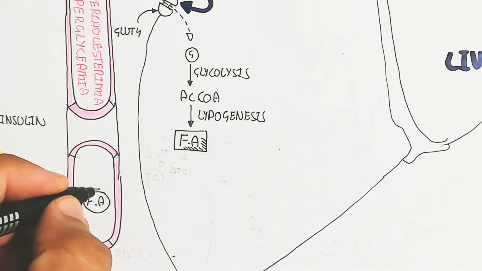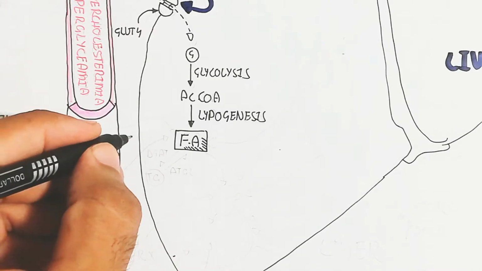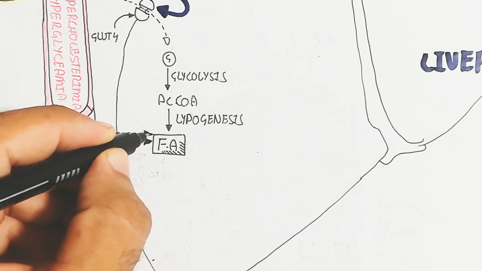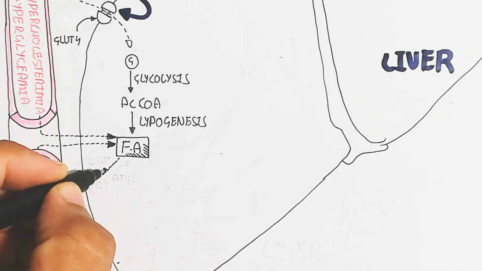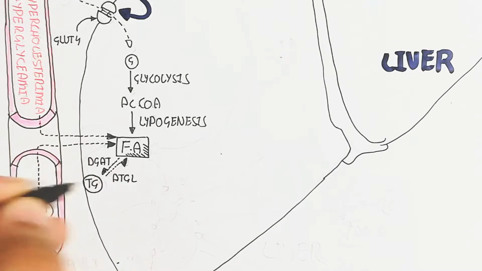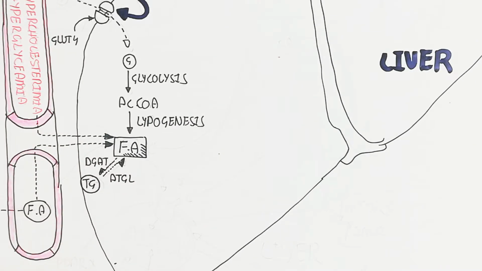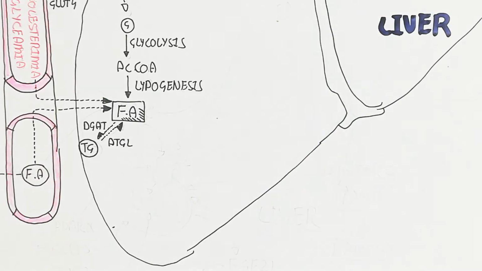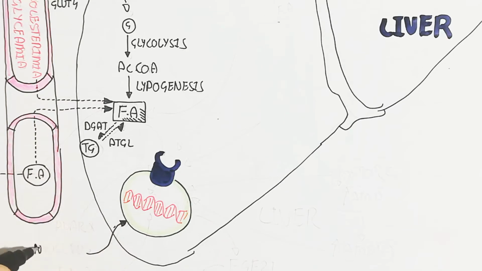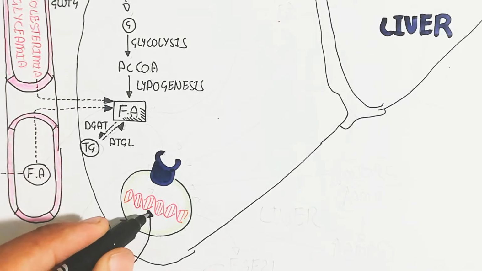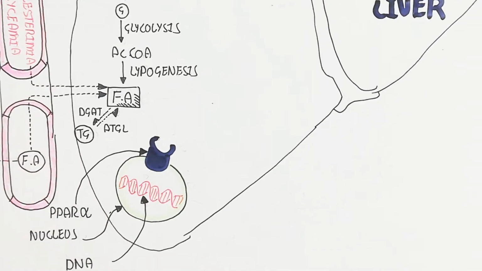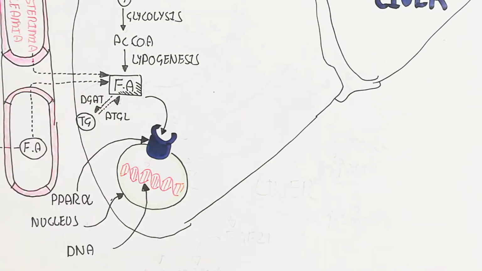Free fatty acid will be formed, and it comes not only from glucose but also directly from dietary fatty acid into the liver through the portal vein. Here, DGAT and ATGL are required reversibly to produce triacylglycerol, triglyceride storage in the liver.